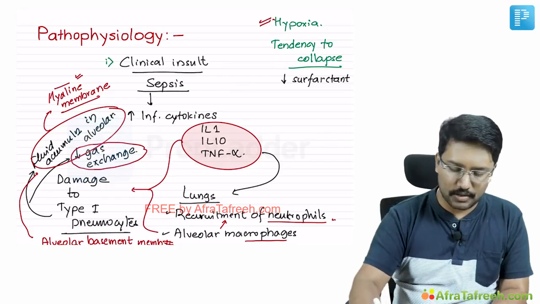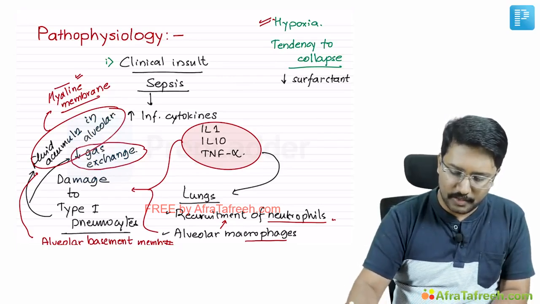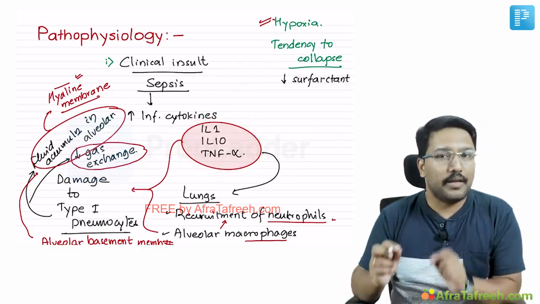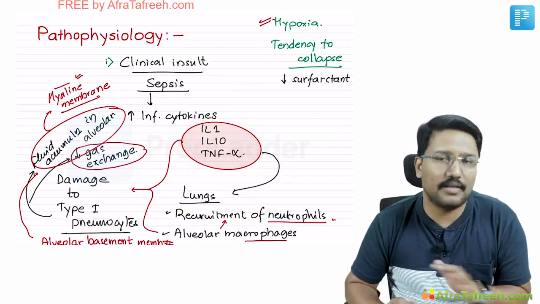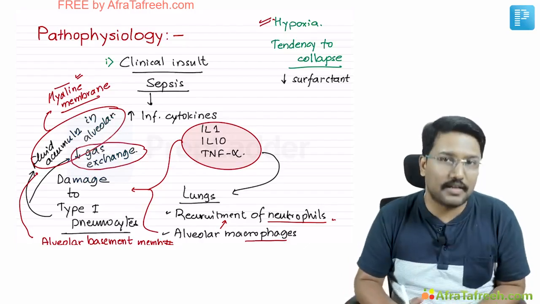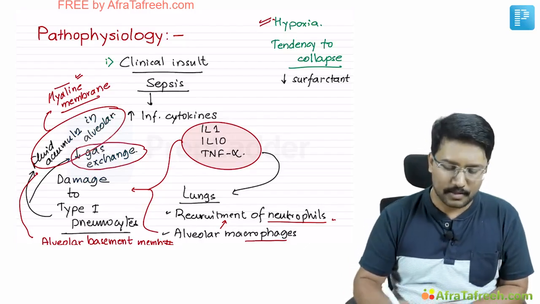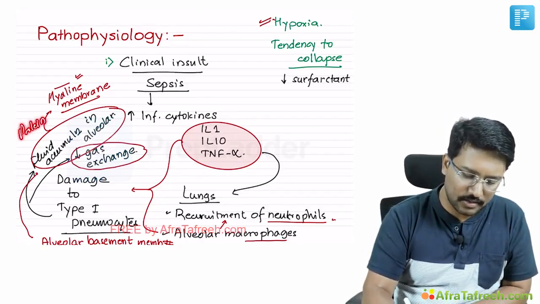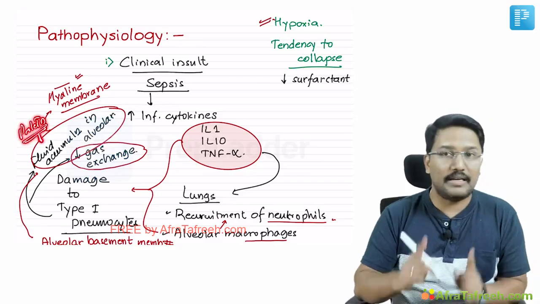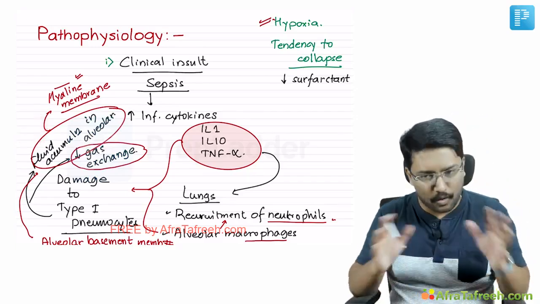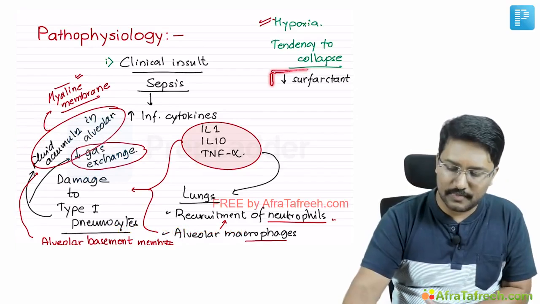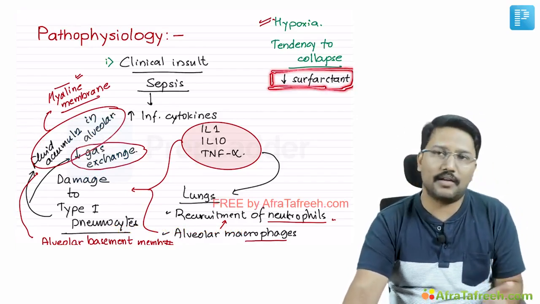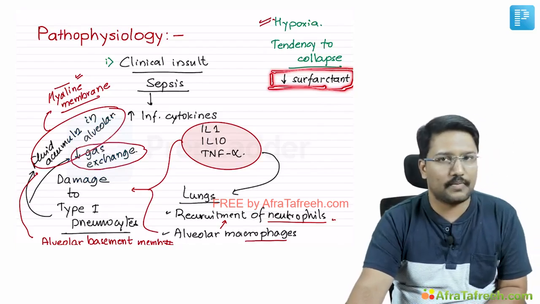The reason number 2 is that inflammatory cytokines may not structurally damage type 2 cells, but they may inhibit the type 2 cells from secreting surfactant, and whatever surfactant is already secreted into the alveolar fluid may be deactivated by the protein rich fluid that we were already talking about. So all things put together, there is decreased surfactant activity and the surface tension inside the alveoli builds up, and that leads to alveolar collapse.